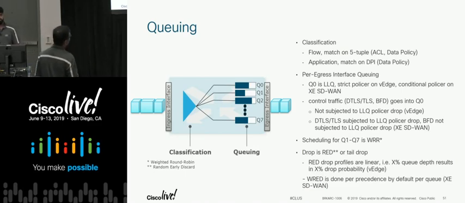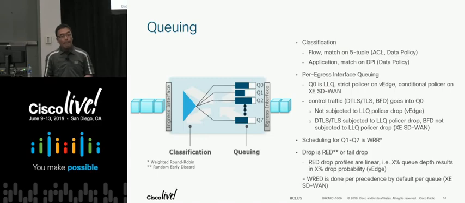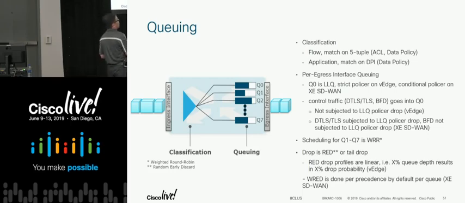I didn't understand that. Yeah, so it's twofold. The control traffic, like OMP or netconf messages, are part of the control messages. They all go into the TLS, DTLS tunnels. The implementation for the vEdge and XE-SD-WAN is different.